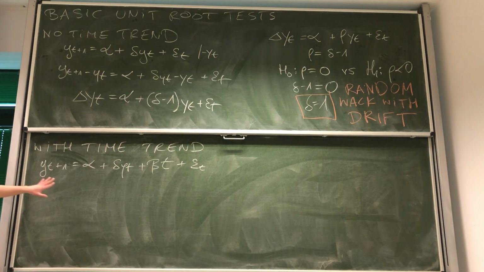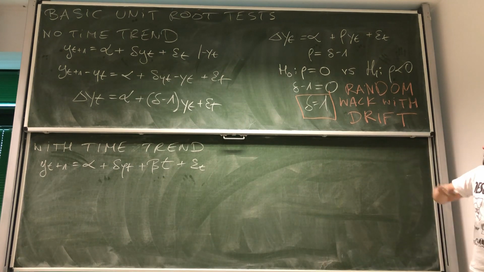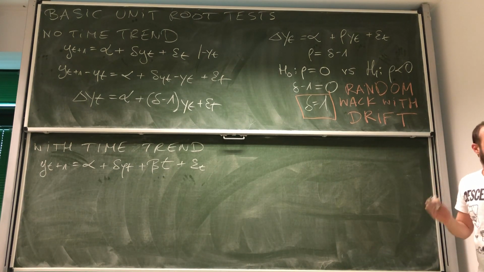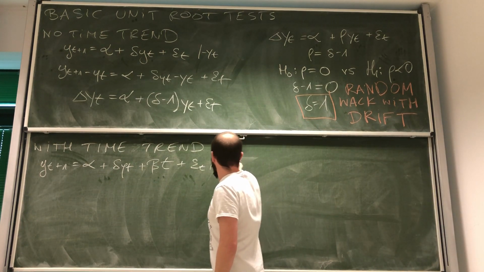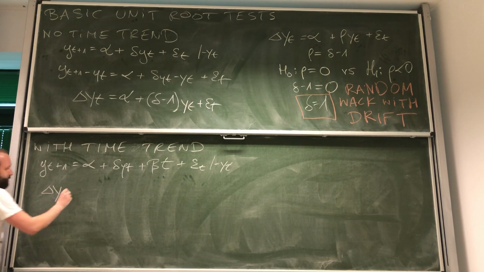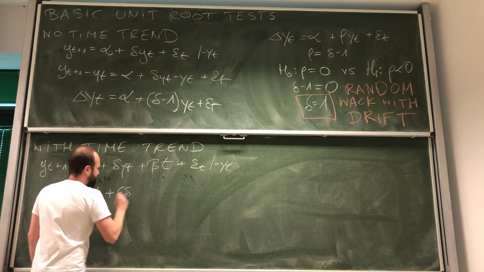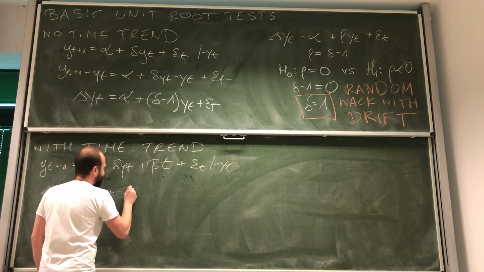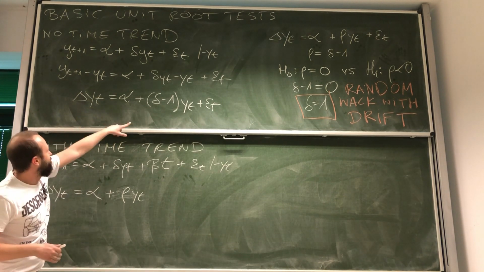So now, based on that equation, we will have to decide which of these coefficients should and should not be in the equation. However, we can use a similar trick. We subtract y_t from both sides. So over here, I'm getting delta y_t equal to alpha plus rho y_t, because we will have again the same step as we had before.